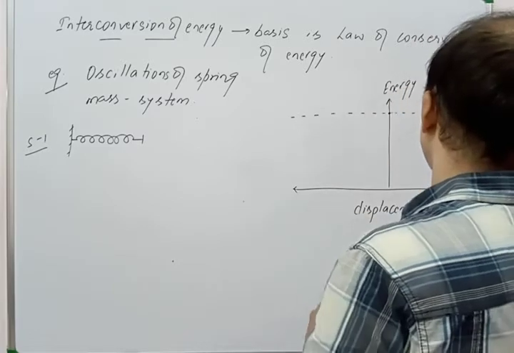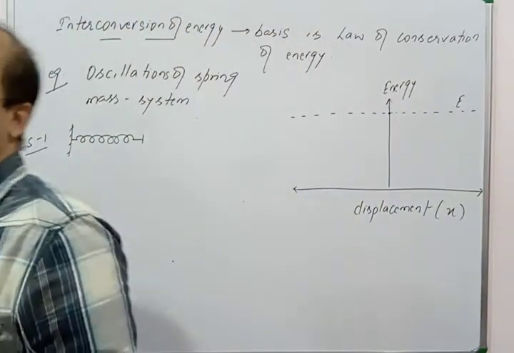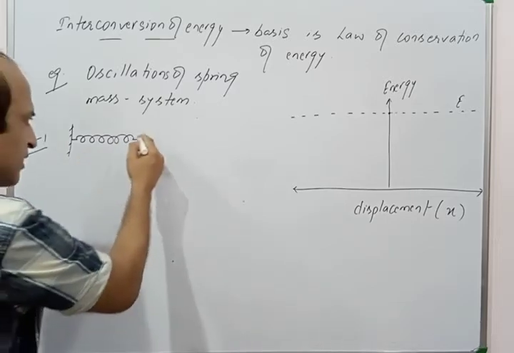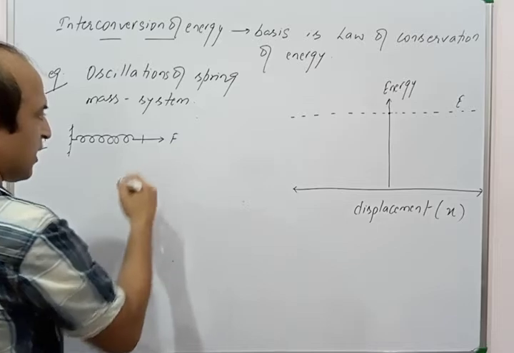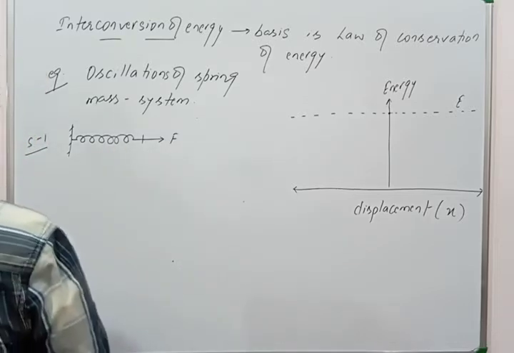Now what will happen initially when there is no elongation or compression in the spring? तो अभी तो ये नेचुरल स्टेट में, बट अब क्या करते हैं आप? You apply the force F and try to pull it to an elongation, say X.